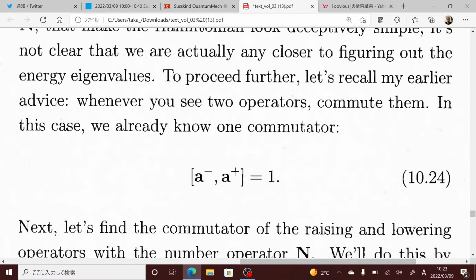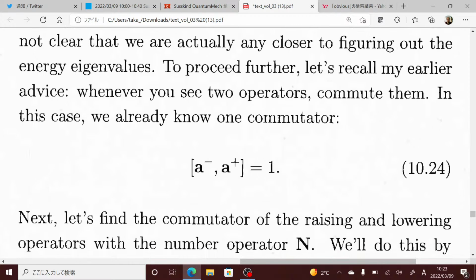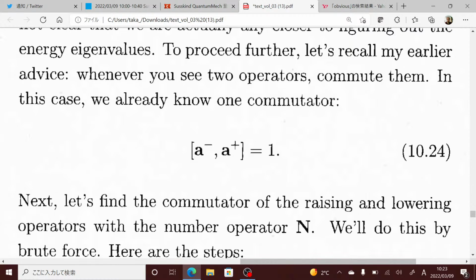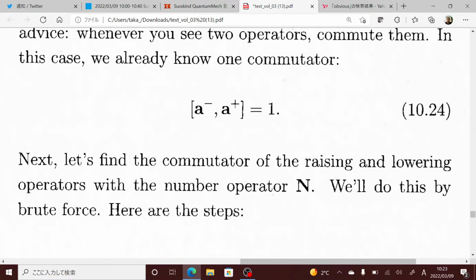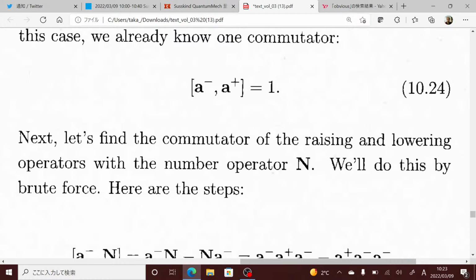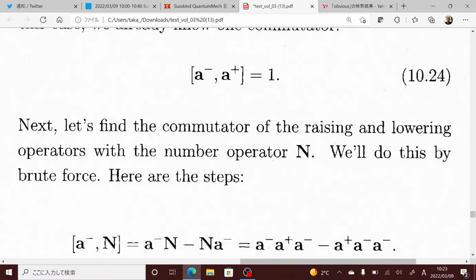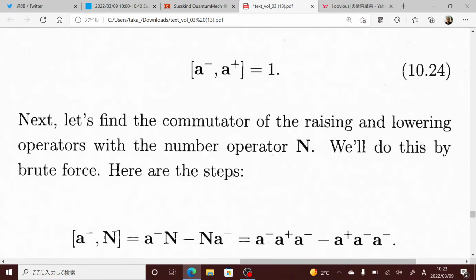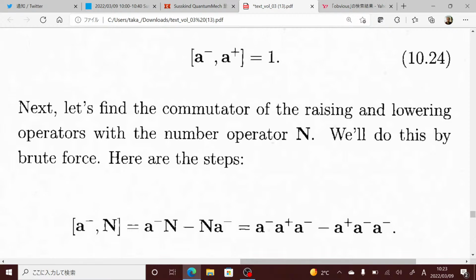In this case, we already know one commutator, a minus, a plus equals 1. Next, let's find the commutator of the raising and lowering operators with the number operator n.